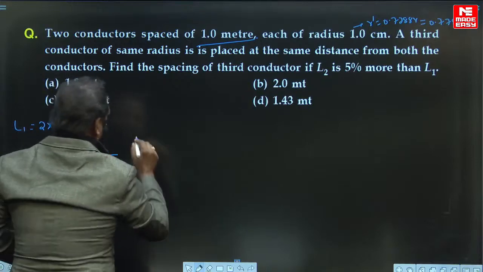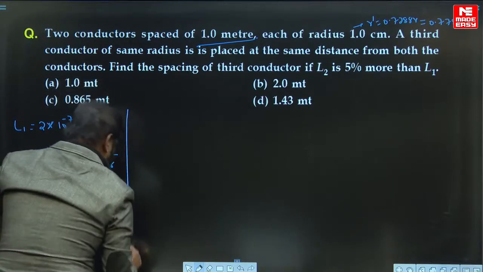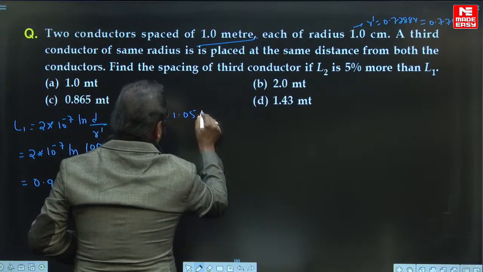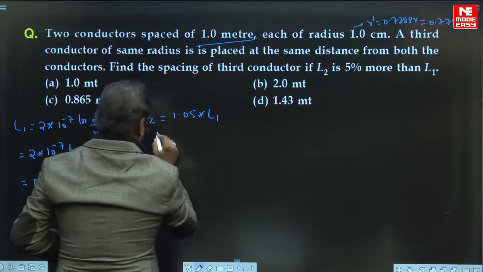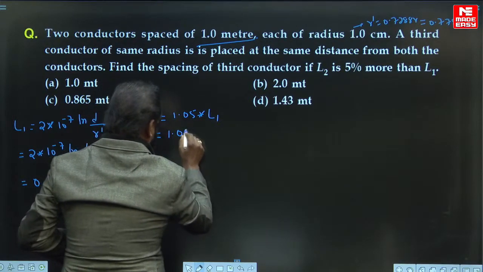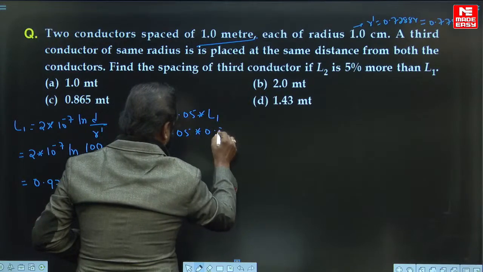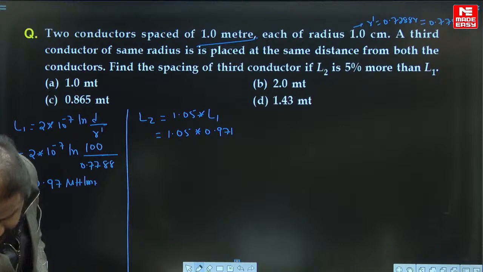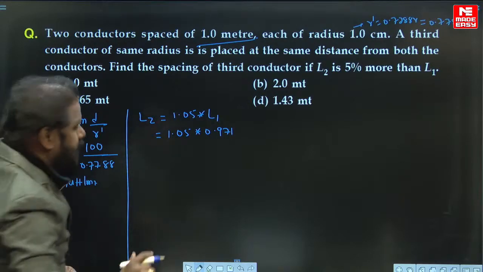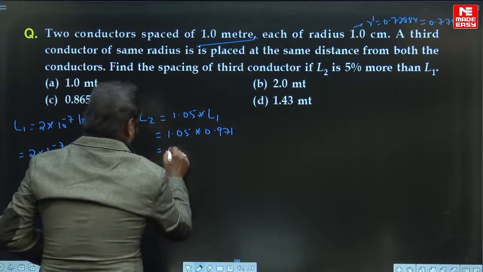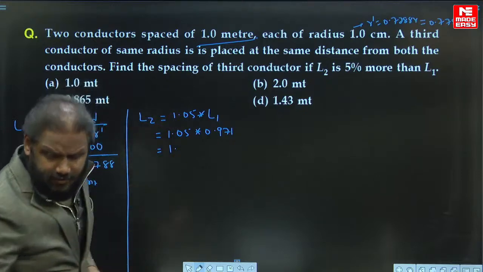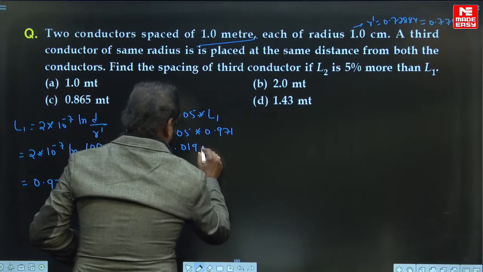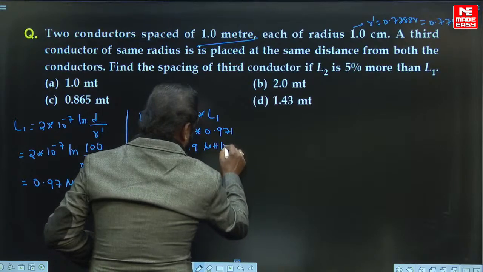What is given is L2 equal to 1.05 times L1, that is 1.05 into 0.971, which is equal to 0.019 microhenries per meter.